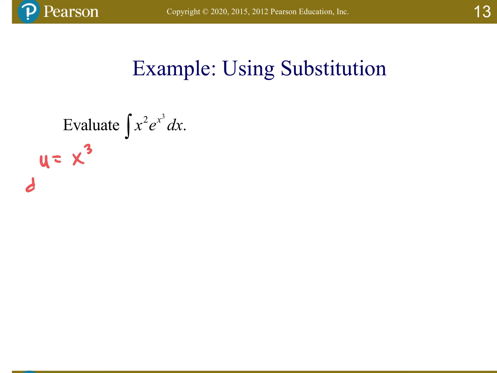So what that will do then is when I take its derivative, it lowers that power to 3x squared. And we start to say, if I lower the power to 3x squared, I can anticipate that there might be some reducing that's going to happen. So 3x squared dx. And we work toward isolating that dx.